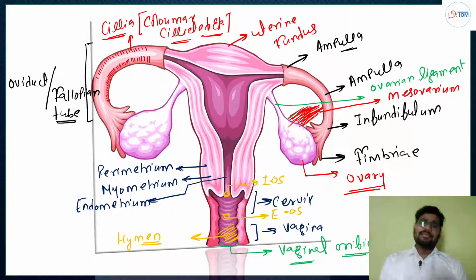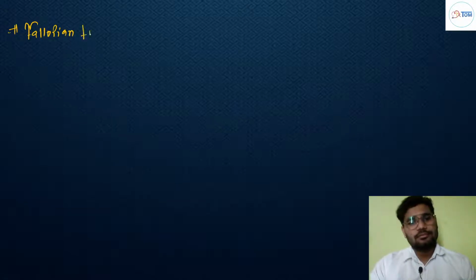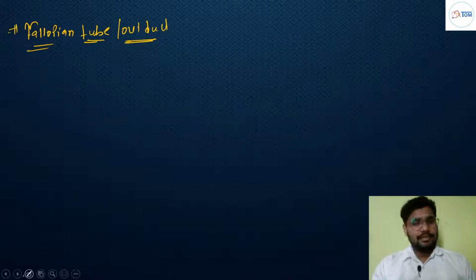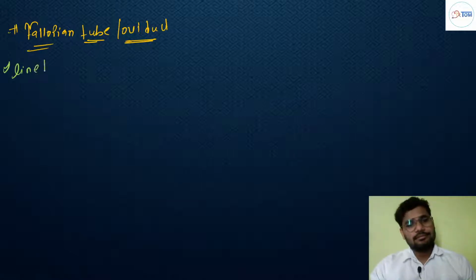Let us now write a few words about the fallopian tube and the uterus, and in the next lecture we will see the external genital of the female. So let us talk about the fallopian tube first. Fallopian tubes are also called oviduct, and they are lined by ciliated epithelial tissue.